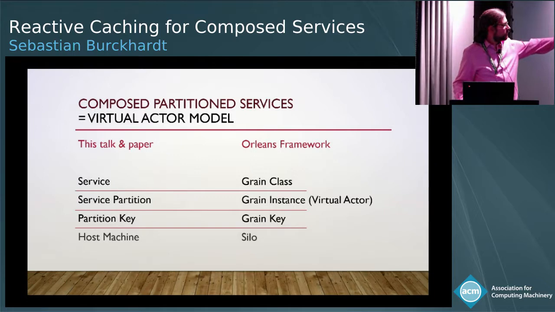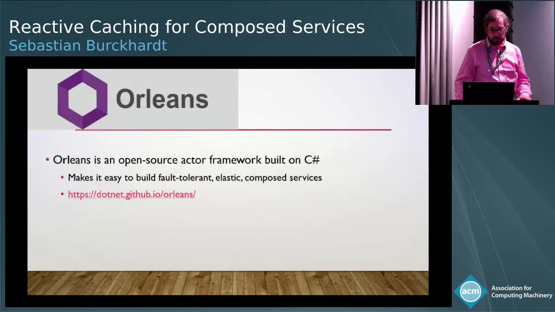So what I would call service, they call grain class, and then the service partitions are grain instances. And the partition keys are grain keys. And those grains are packed into silos, which I don't really have a term for, but I just call it host machine. But I want to point out that I actually took this structure from their framework and turned it into a formal thing. Okay, so that was kind of the first part.